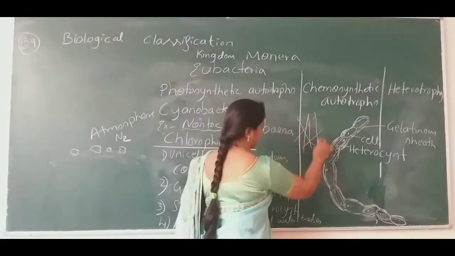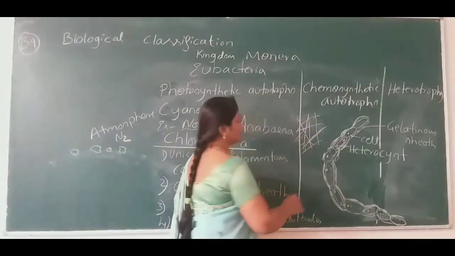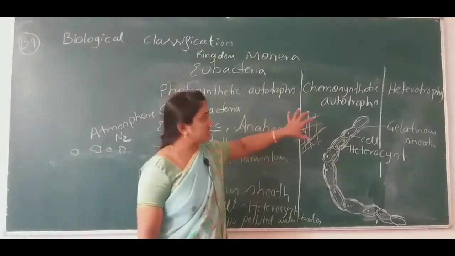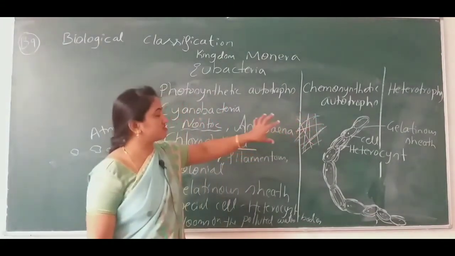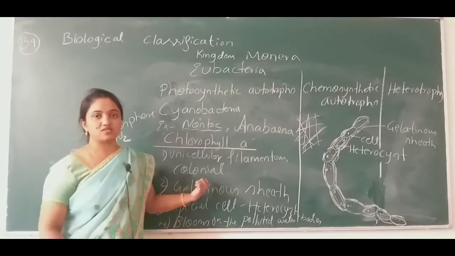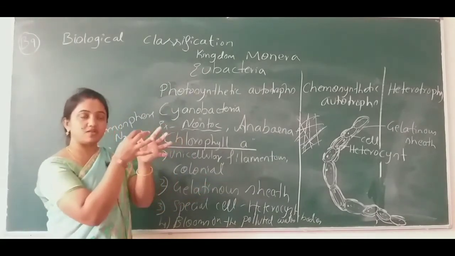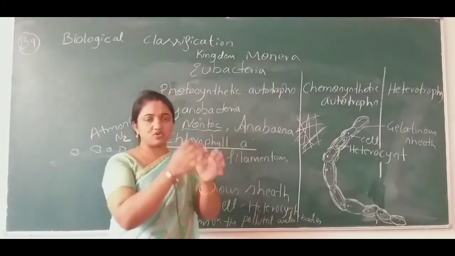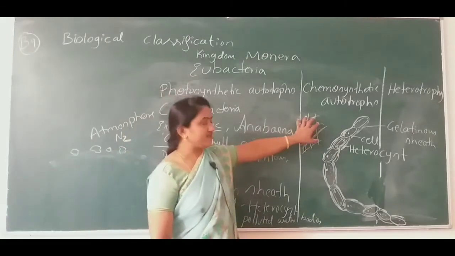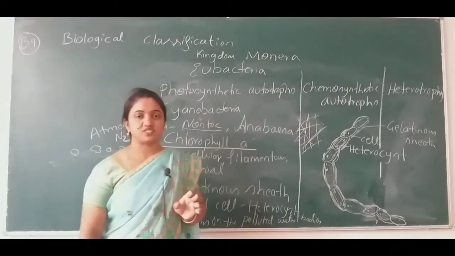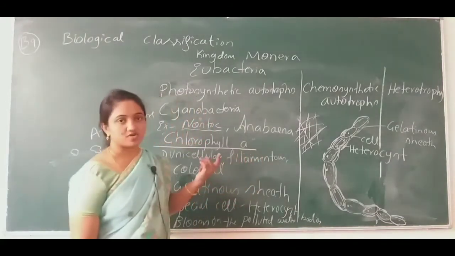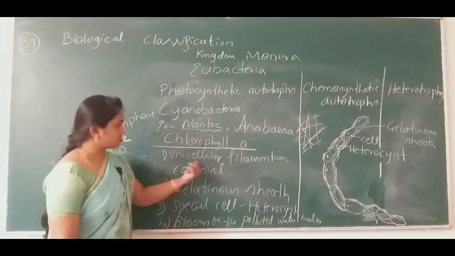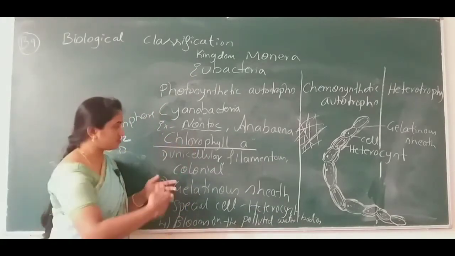A number of Nostoc filaments grouped in one place can be known as a colony. They are present in the colonial form, as colonies on substances, on the water body, or in polluted water bodies. So that is the first feature, the description.